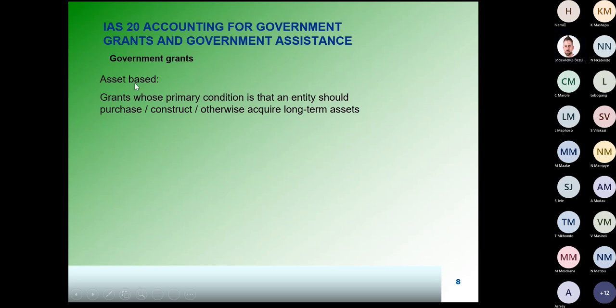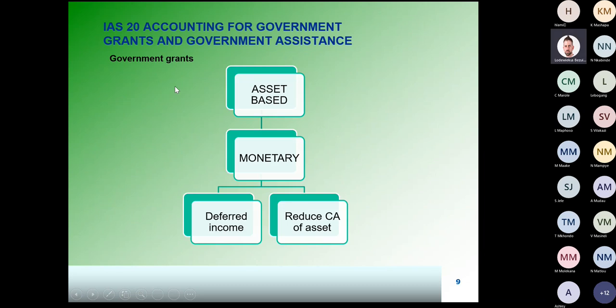All right. So asset-based, when we receive the monetary funds, that asset-based grant can be accounted for in two ways, either as deferred income or a reduction of the cost price of the asset.